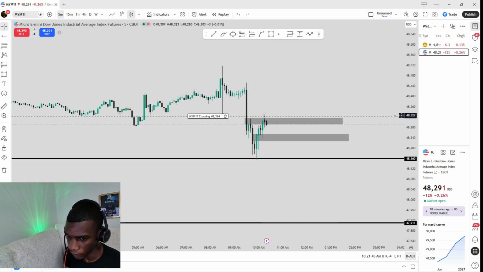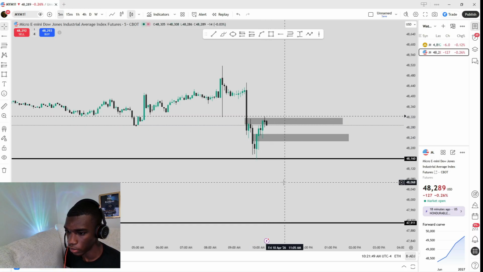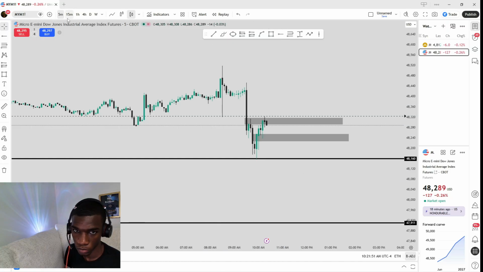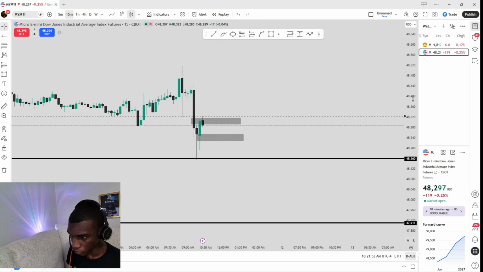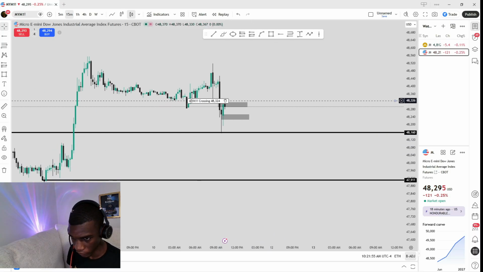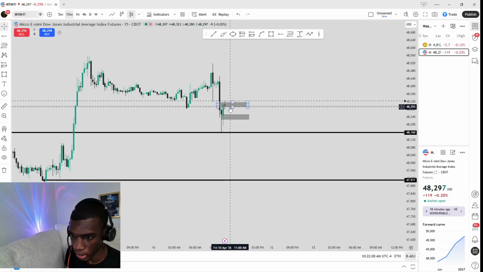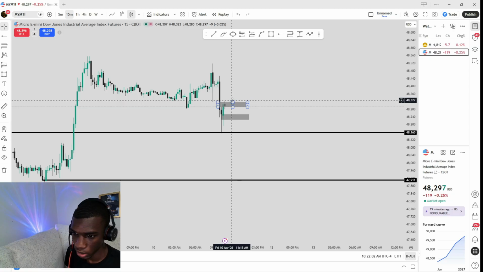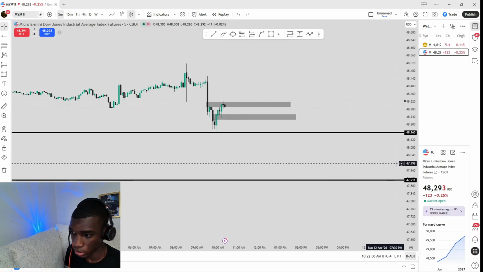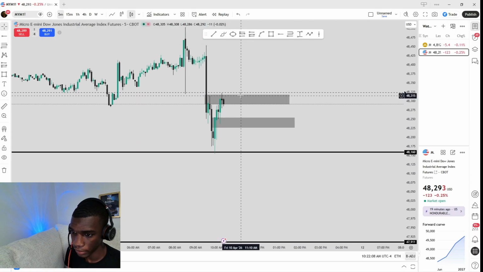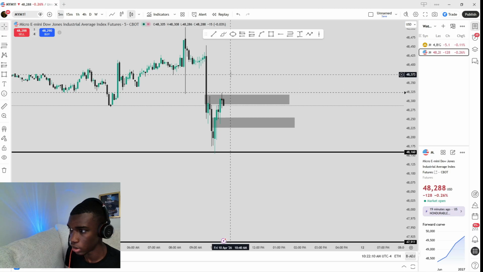Let's see if it's going to create a lower low or fail to create a lower low on the 15, that is. Because on the 5 it looks good, but on the 15 let's see if it fails to create a lower low and then actually breaks above that top gray zone there, which I'm going to enter for an X buy.